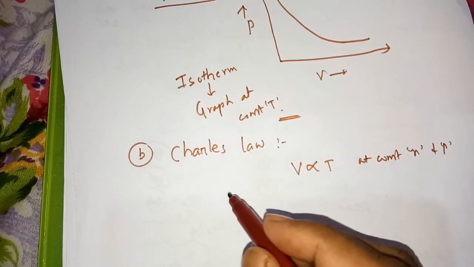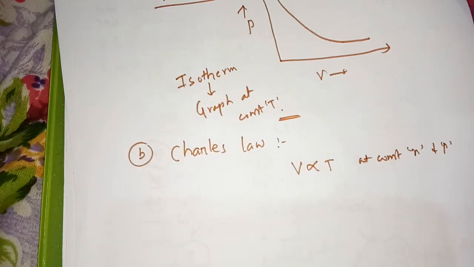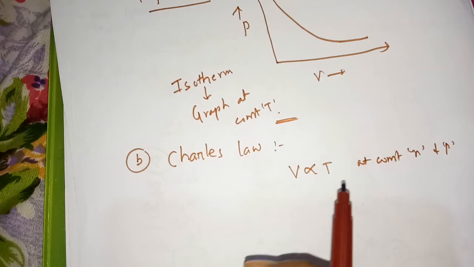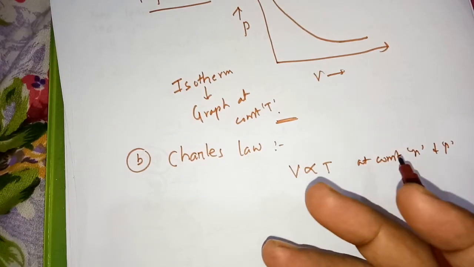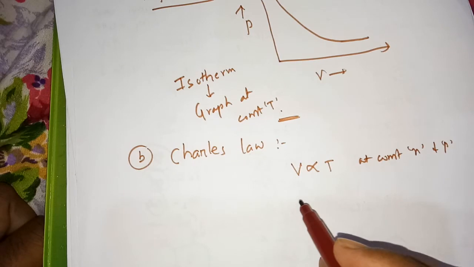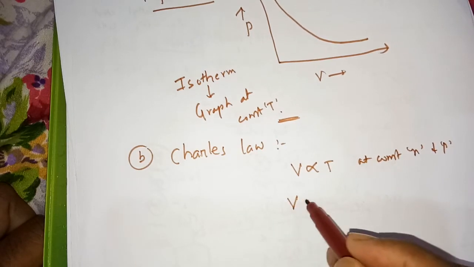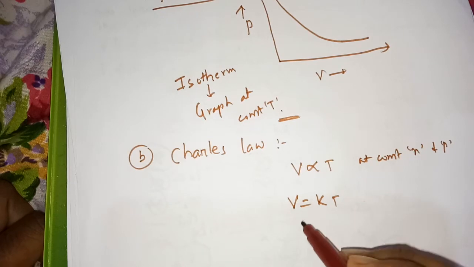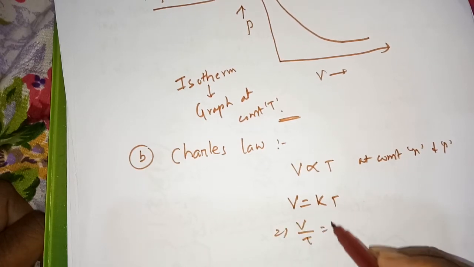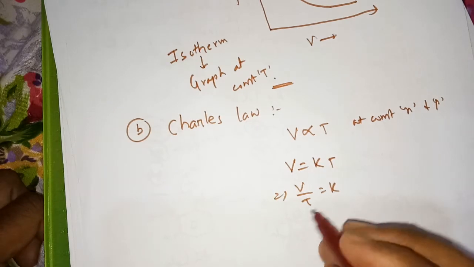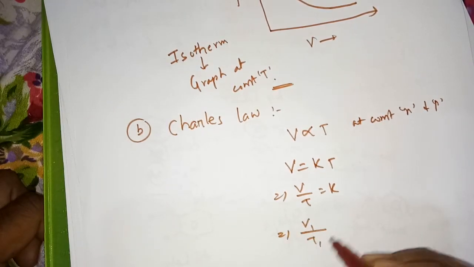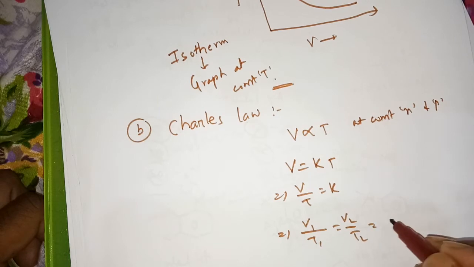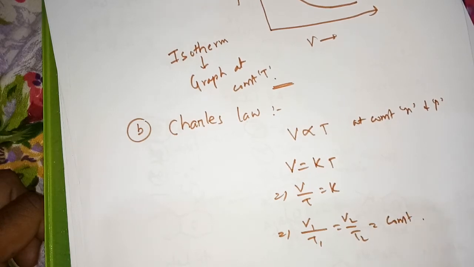It is obvious that when temperature increases, volume also increases. If you consider the example of popcorn, if you heat that one, the volume increases. If you take rice, when you heat the rice, then its volume increases. So volume equals some constant into temperature, or V by T equals constant, which implies V1 by T1 is equal to V2 by T2 equal to constant.